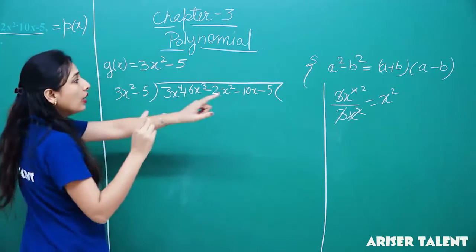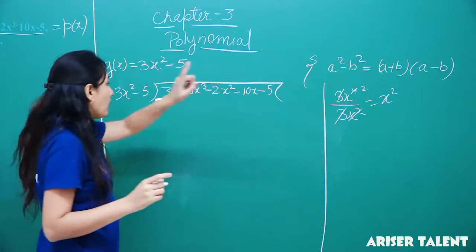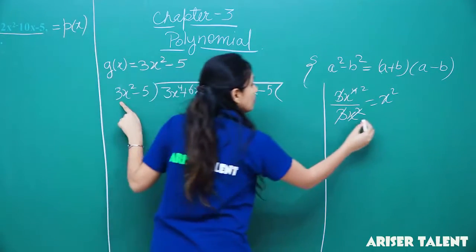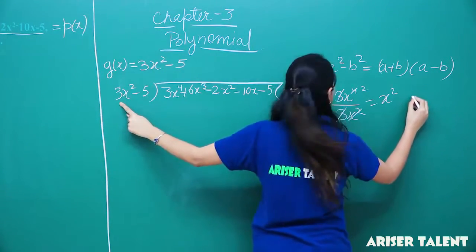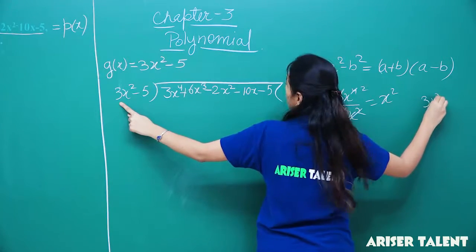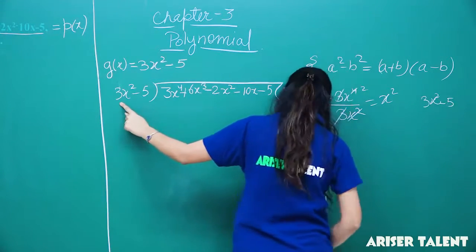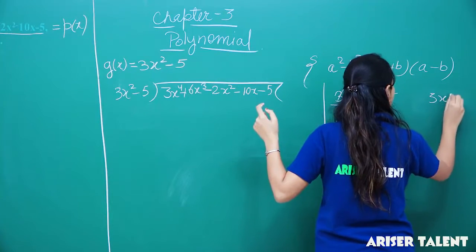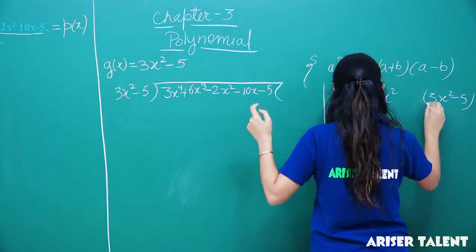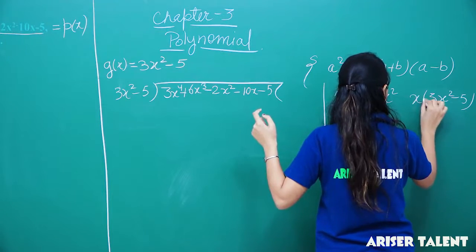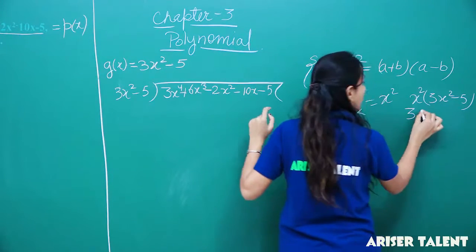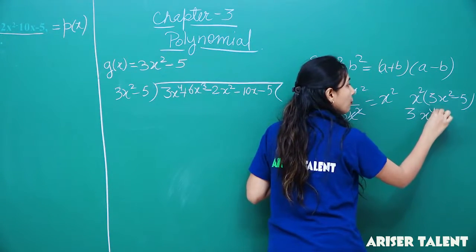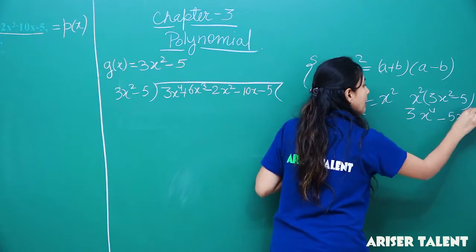Now multiply that x square with 3x square minus 5, which gives 3x to power 4 minus 5x square.